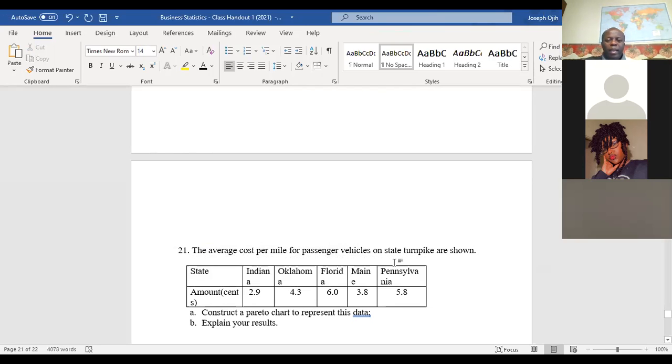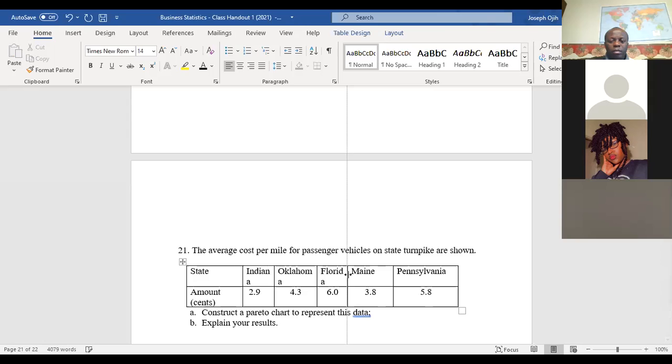the average cost per mile in a state turnpike is as shown here. It says use this data set to construct a Pareto chart to illustrate this data.